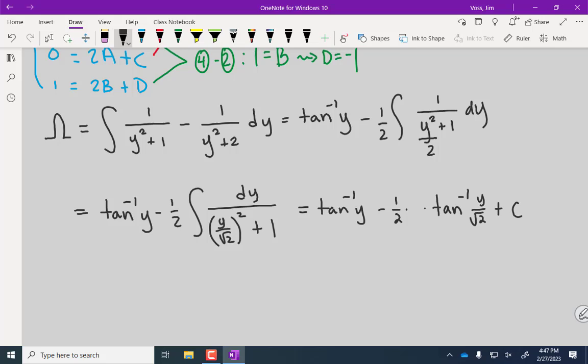Root 2. The derivative of y over root 2 is 1 over root 2. Dividing by 1 over root 2 is the same as multiplying by root 2. Beauty.